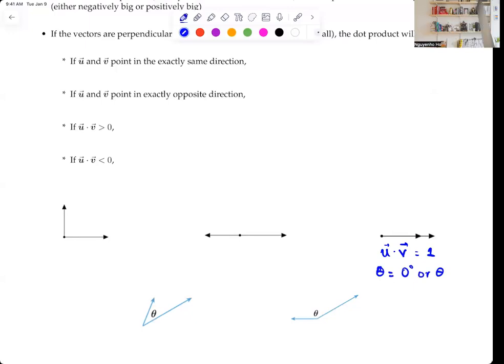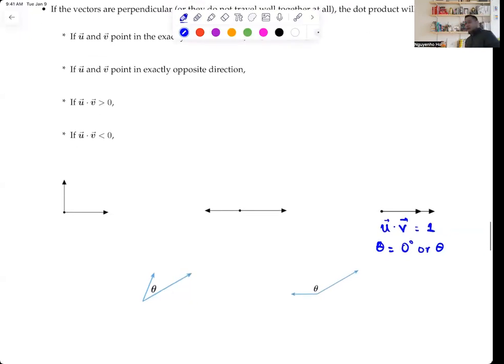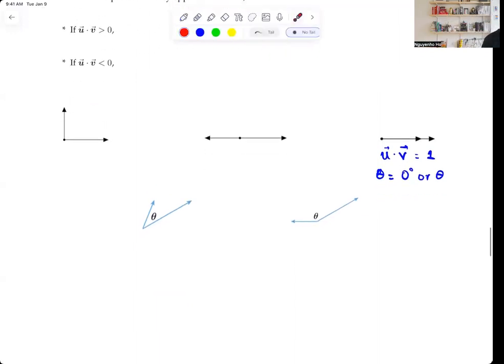Again, if u and v point in the same direction, we have that the cosine is equal to 1. So if u and v are pointing in exactly opposite directions, for example, in this case right here, then you have that the cosine is equal to -1, and the angle between the two vectors is going to be 180 degrees, or pi in radians.